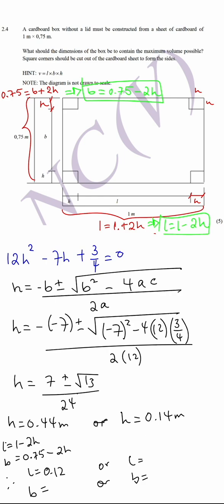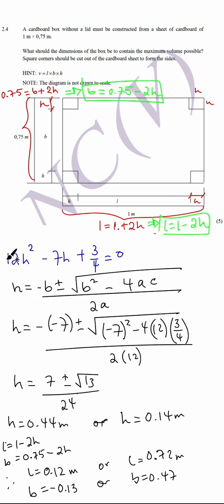If I substitute 0.14, I find that L is equal to 0.72 meters. To find B, I substitute the two values of h, and for the first value, 0.44, I find B equal to a negative number, negative 0.13 meters. And for h equal to 0.14 meters, I find B equal to 0.47 meters.